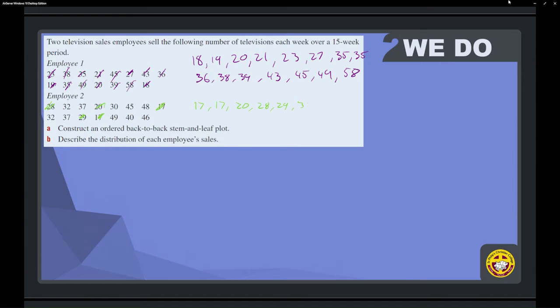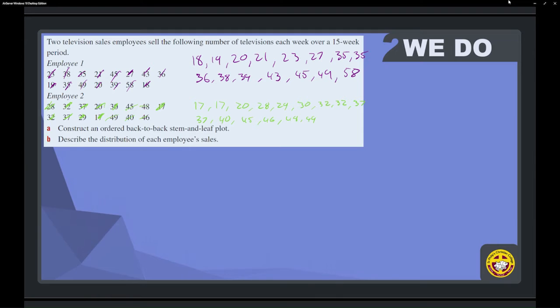There's a 30, two 32s, and two 37s. And then we've got the 40s. All right. We're going to have two sets of data in order.